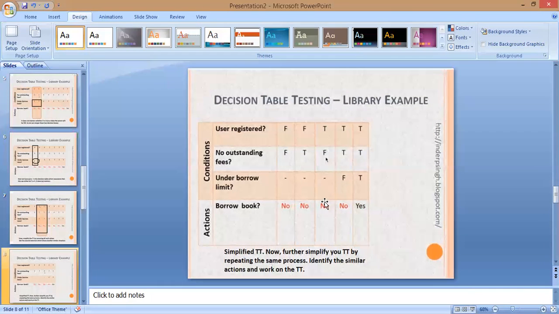So here is a dash, and this is how we have reduced our number of test cases.